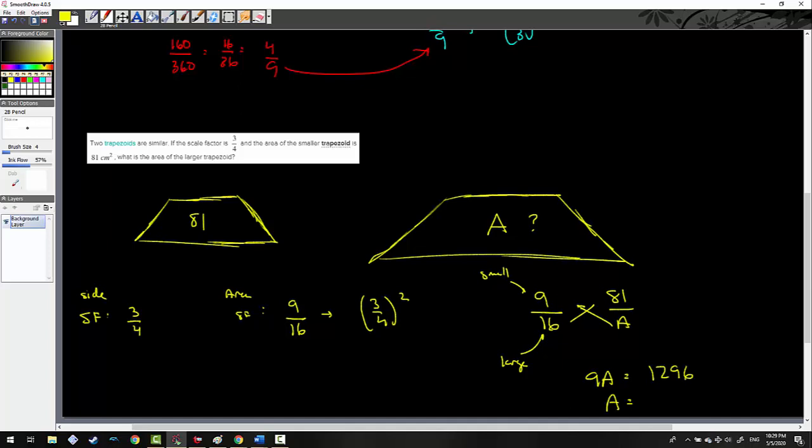And then if you divide by 9, you'll get 144 as your final answer.